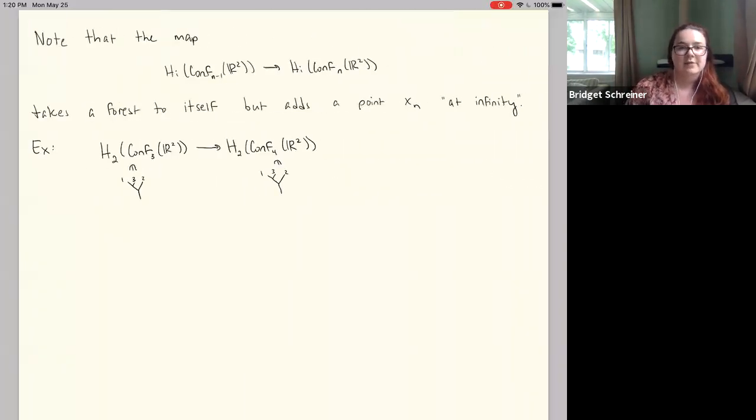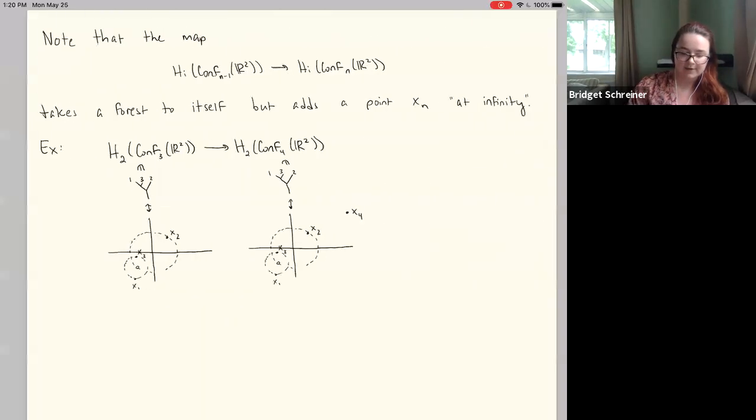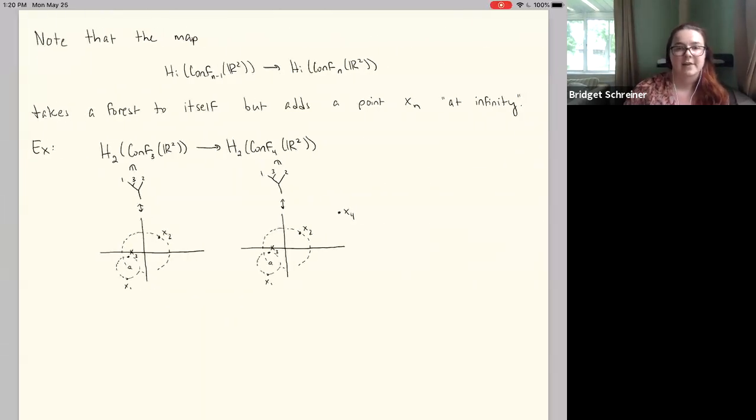So for example, if we look at the second homology of configurations of 3 points, we have this tree with just 2 internal vertices and labels 1, 3, and 2. And in this map, that just gets taken to itself. So it looks like it doesn't change anything at this level. But what's really happening if we look at the picture in R2 is just that point x4 is getting added far away from the other points in the configuration.